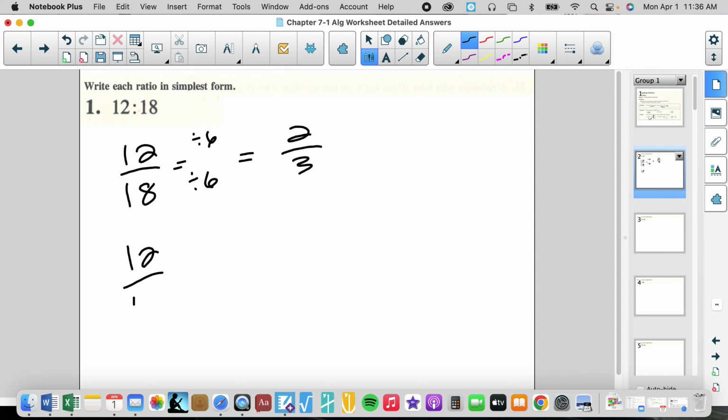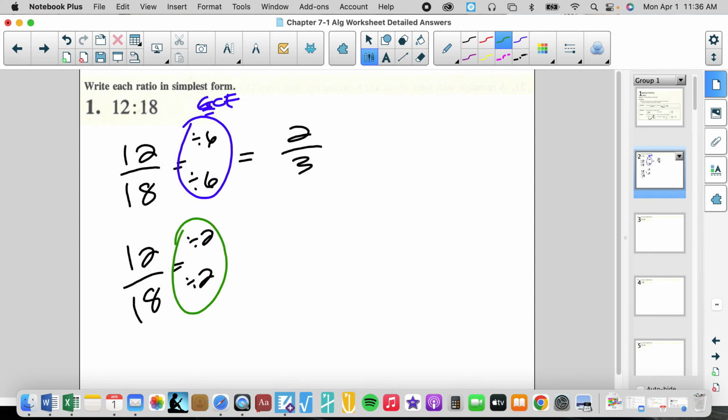Or if you don't see the GCF, you can just divide it by a common factor. So there's a slight difference between a GCF, which is the greatest common factor, and a CF, which is just a common factor.